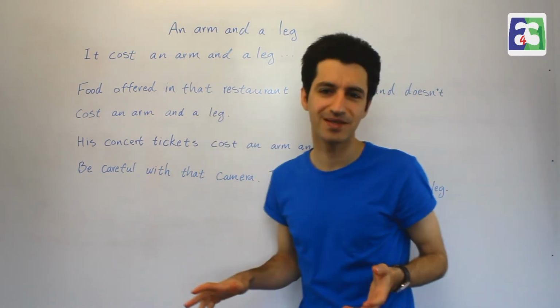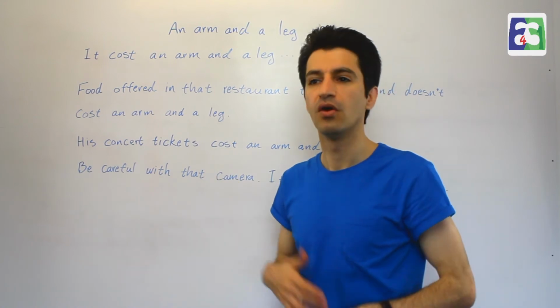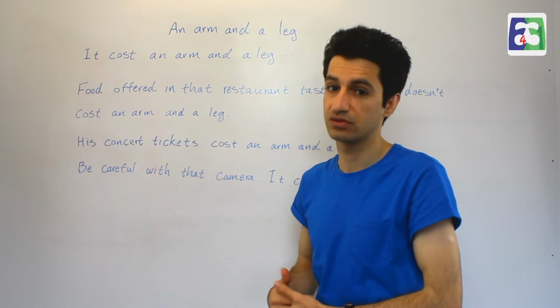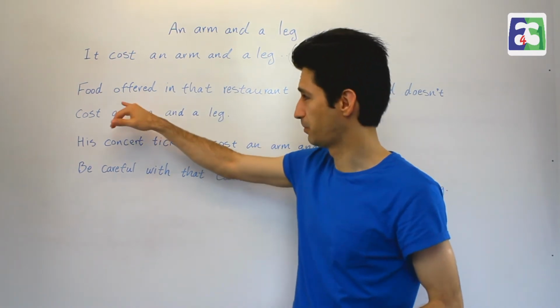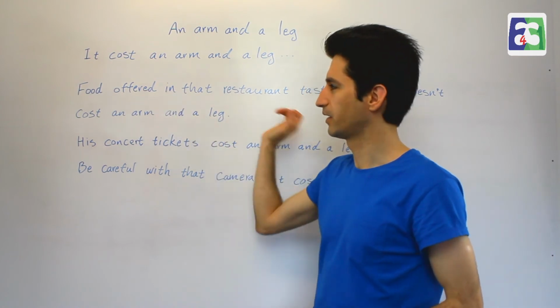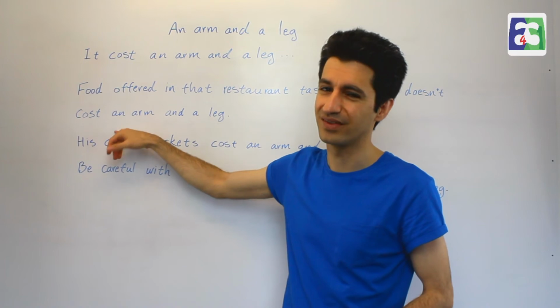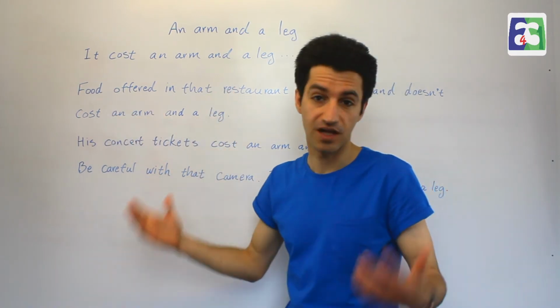It means it's not expensive, the cost is okay. Maybe I am comparing it to another restaurant we have been to that cost us a lot. So cost an arm and a leg means expensive, a lot.